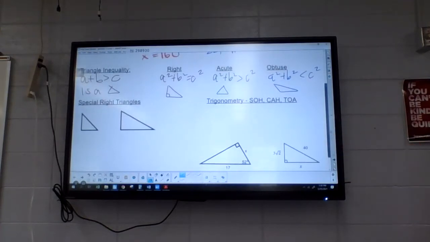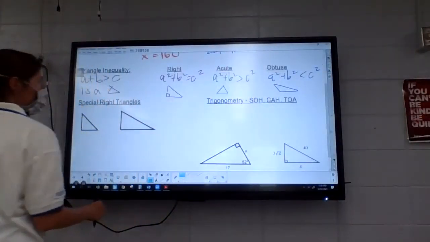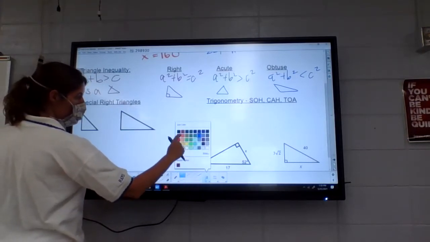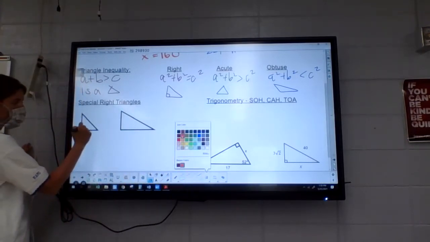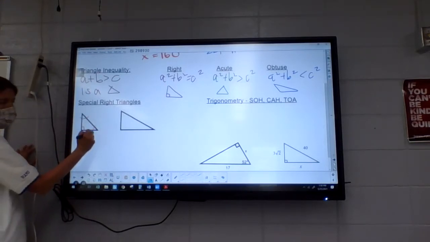Then we have our special right triangles, and then also we use trigonometry as well. So special right. So this would be a 45, 45, 90.